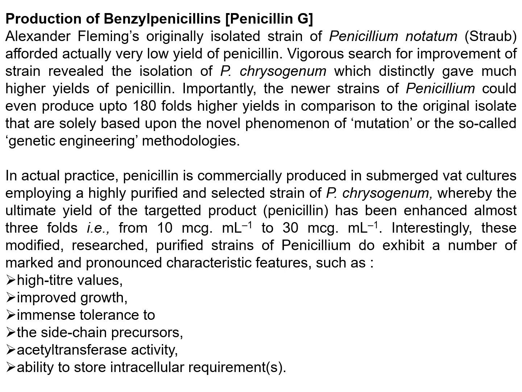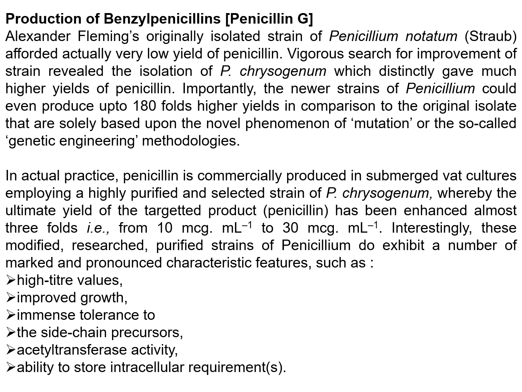Interestingly, these modified, researched, purified strains do exhibit a number of marked and pronounced cultural characteristic features, such as they give high titers of penicillin, they have improved growth in a short period, and they have some tolerance to the side chain precursors.